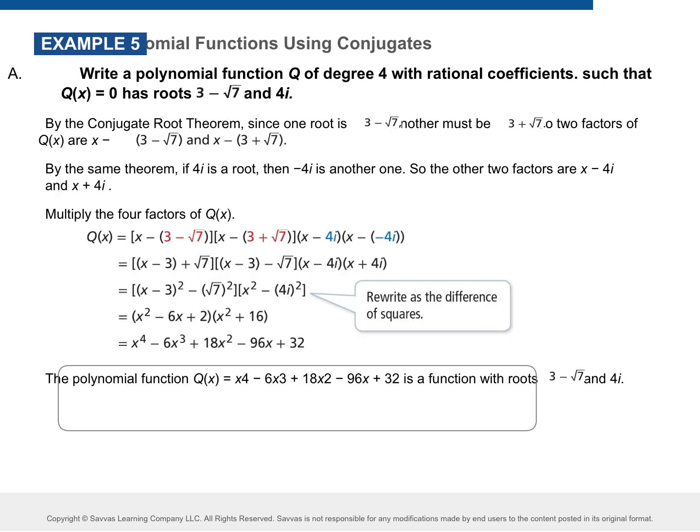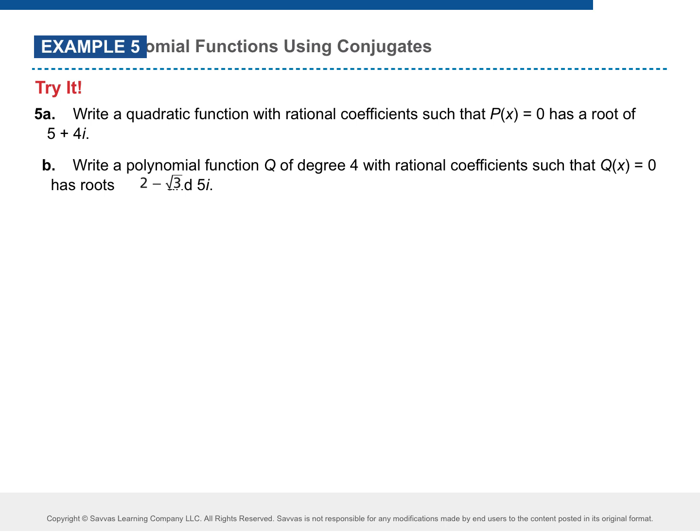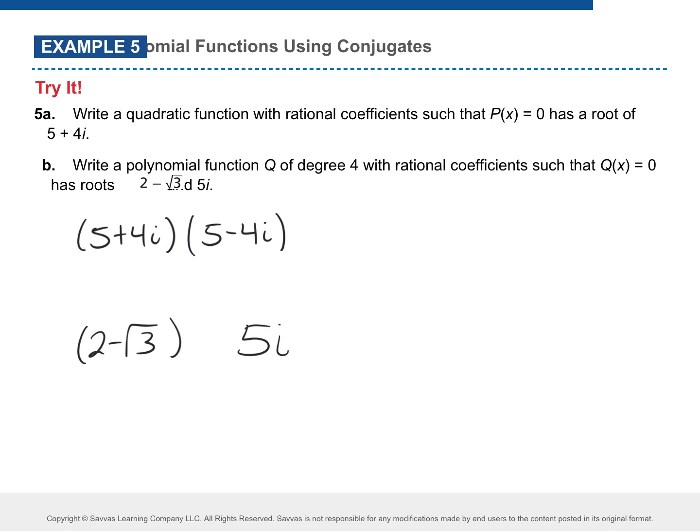So looking at example 5, 5a has 5 plus 4i as a root. What is another possible root it could have? 5 minus 4i. Similar with 5b, it has 2 minus the square root of 3 and 5i.